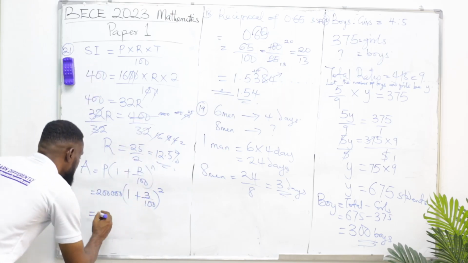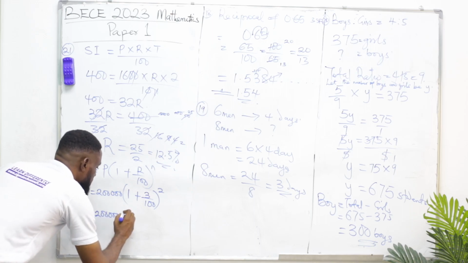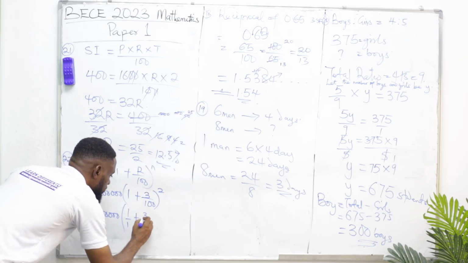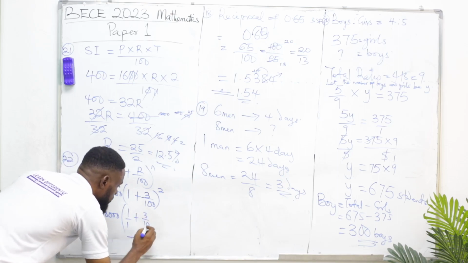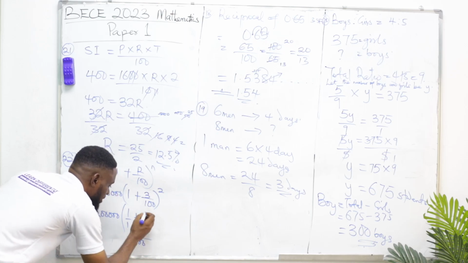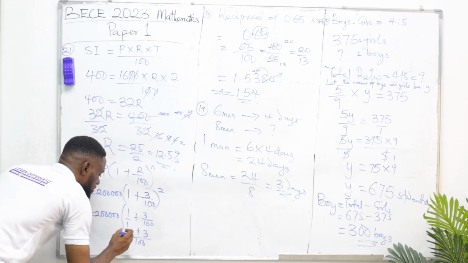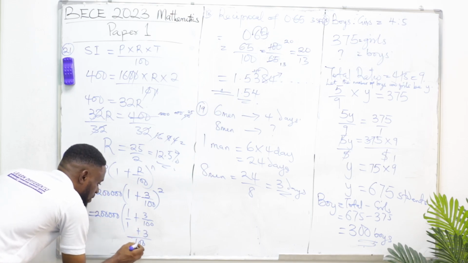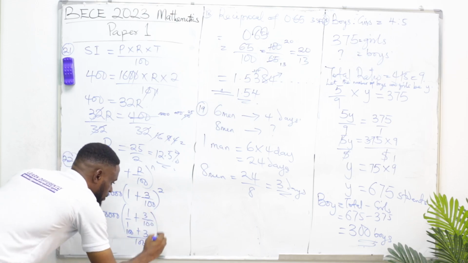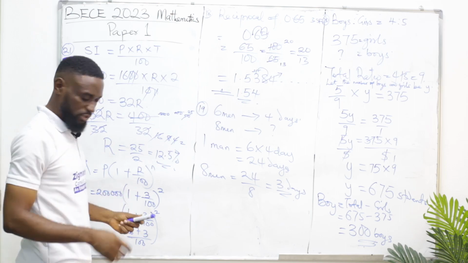So what we have there is 200,000 into 1 plus 3 over 100, all right? So this will be 100 now. This will be 1 times 3, which is 3, plus 100 times 1, which is 100, all raised to power 2. Is that okay now? So we move to this side of the board.